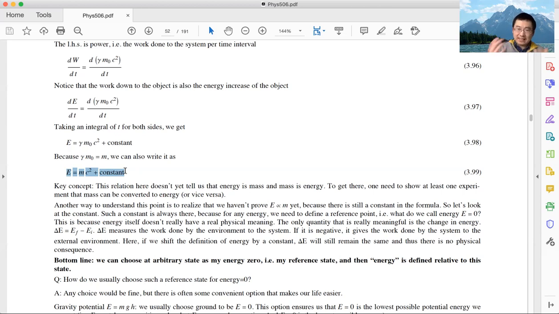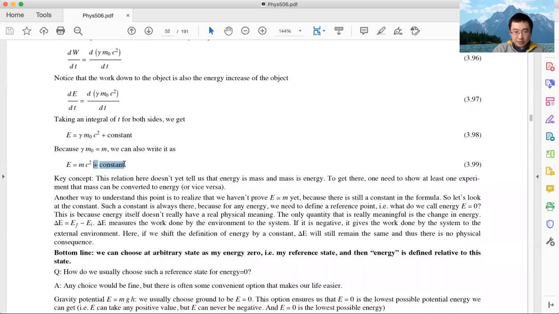If energy is energy, mass is mass, and there happens to be some relation between them, but they cannot convert into each other, then it makes no sense to say energy is mass, mass is energy. They can only be the same thing after we find a way to convert energy to mass or mass to energy. And from the mathematical point of view, this is related to this unknown constant we put here.